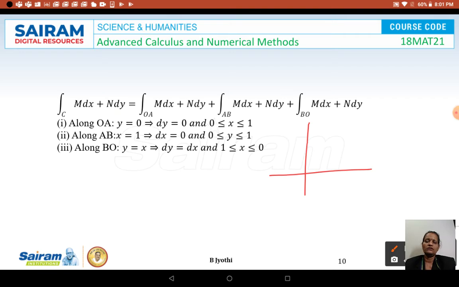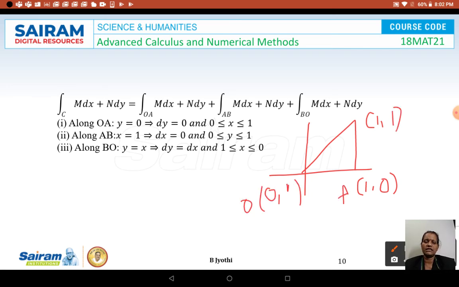So along the OA, this was the diagram, here it was 1, 0 and this is 1, 1, here it was 0, 0. This was O, this was A and B. When we observe along OA, what happens is, this y term is 0, and x is varying from 0 to 1.